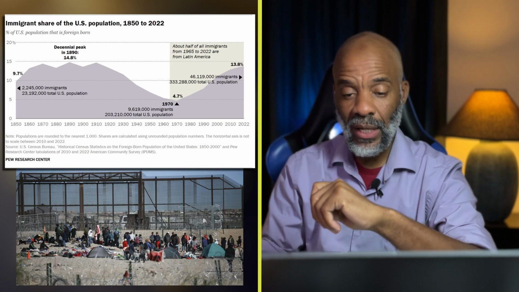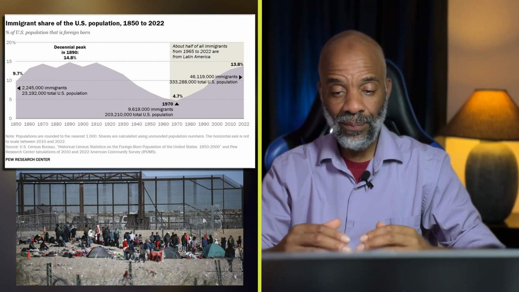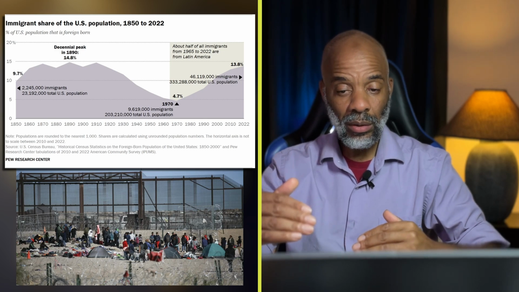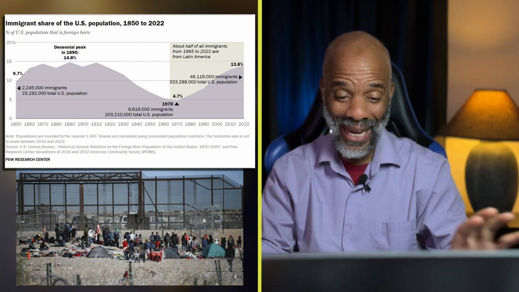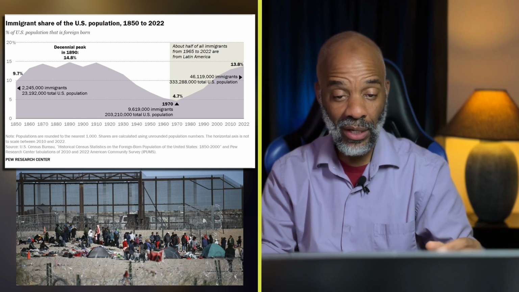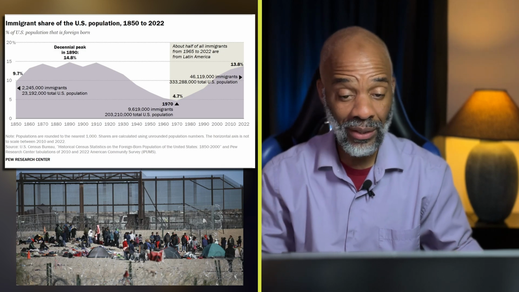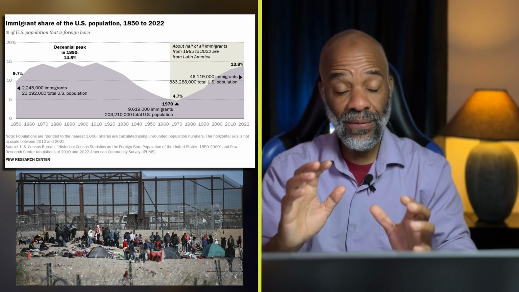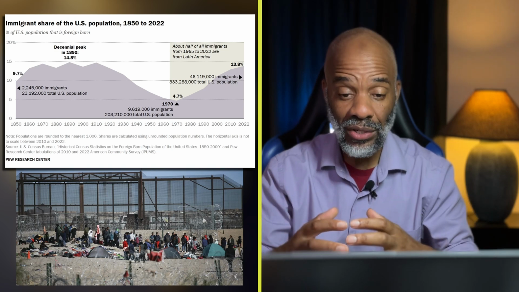So in terms of the history, you can see that you have a comparable percentage of foreign born versus native born back in the late 1880s and early 1900s. It peaked in 1890 at 14.8%, and that was really the first wave of mass immigration into the country.